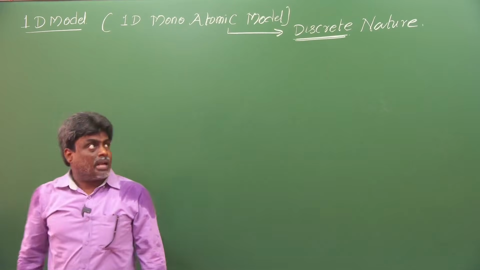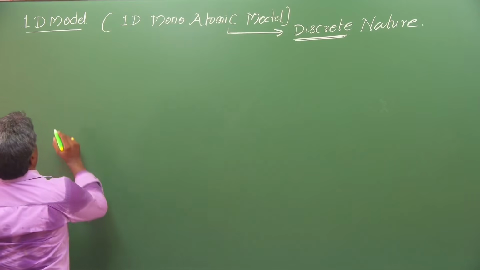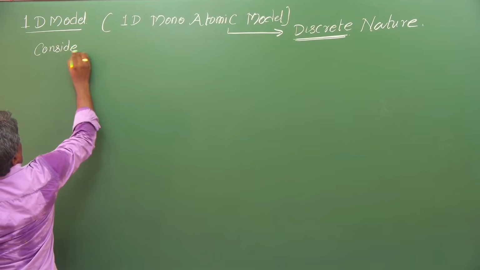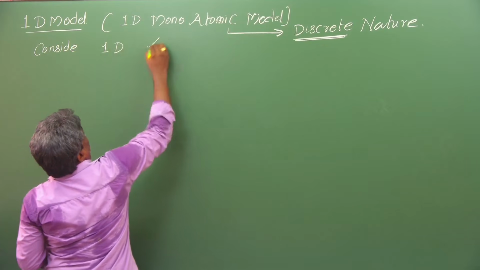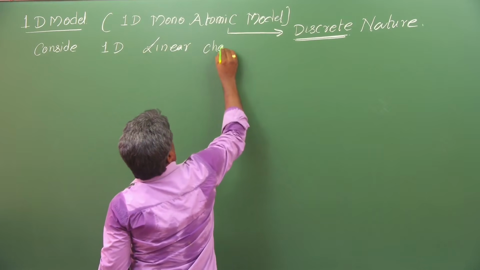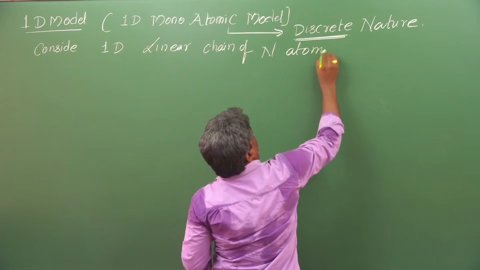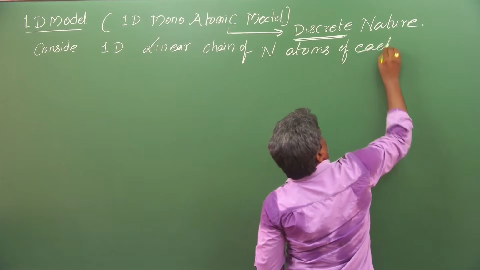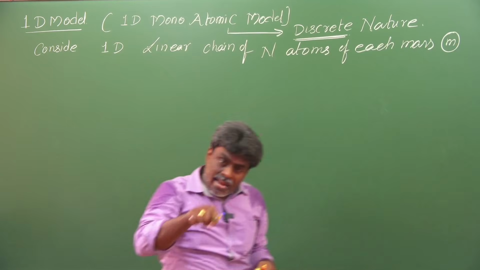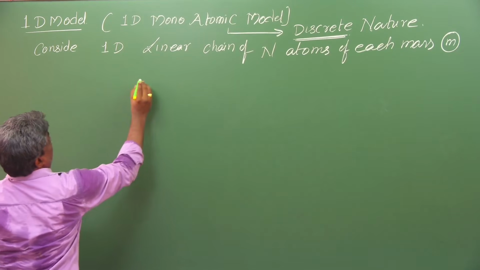Now here I am considering a 1D linear chain of n atoms, each of mass m. That means you have taken the same atoms. That's why it is discrete. Is it clear?